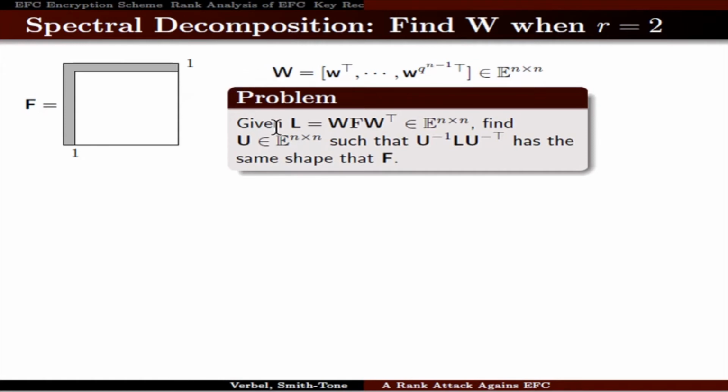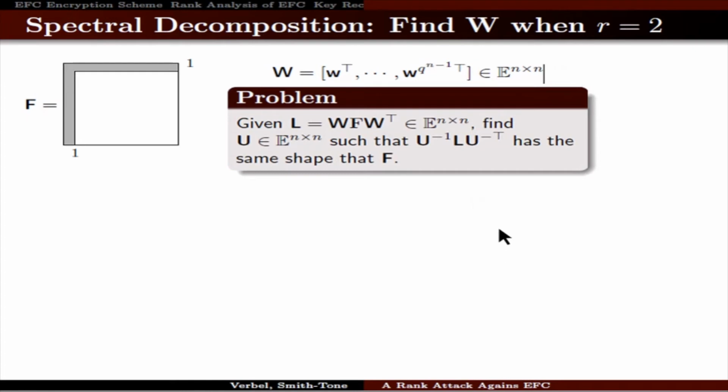And what you have to do is, you know that F exists, and you are given a matrix L that is equal to W times F times W transpose, where W is again a matrix like in the previous form. Like you have the first column and the second column is the first column raised to the Q, and the third column is the second column raised to the Q, and so on.